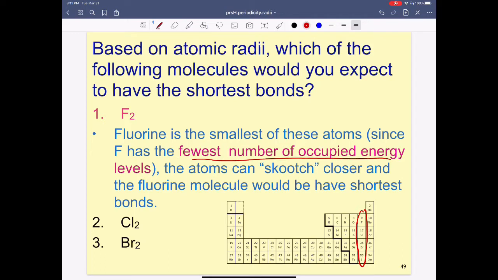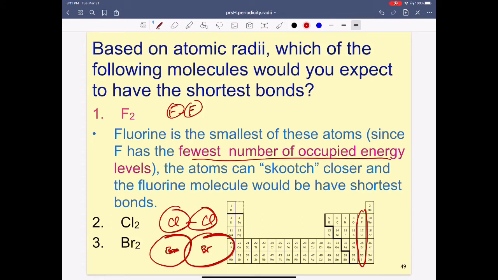And so the fluorine molecule is going to be able to get closer together with smaller atoms than the chlorine molecule with larger atoms. The bond would be longer. And with the bromine molecule, the bond would be longer still. And so whether we're discussing atoms or diatomic molecules, the trend holds.